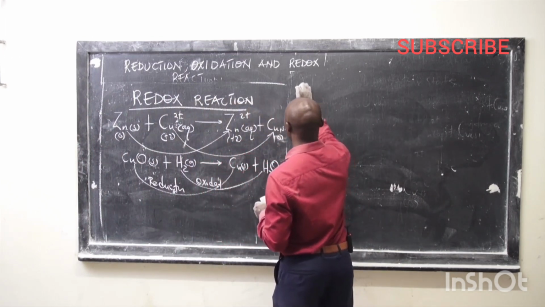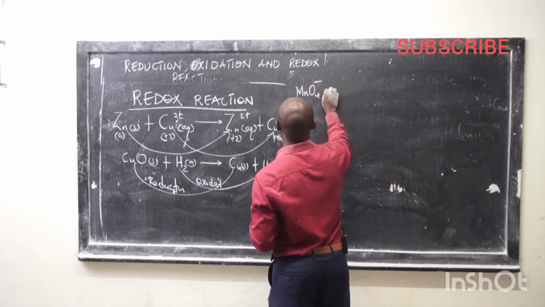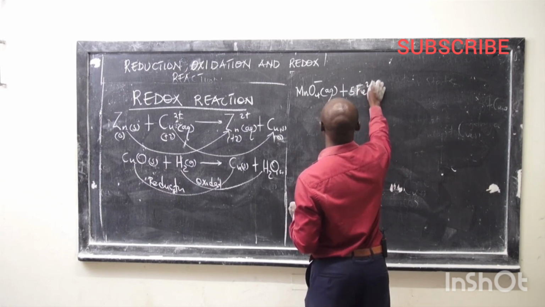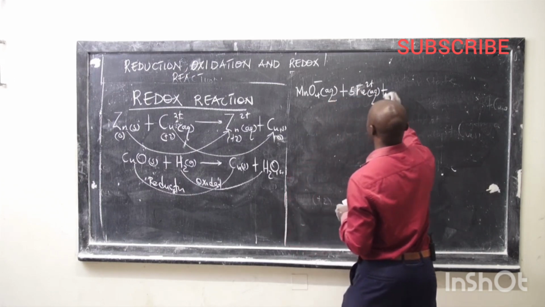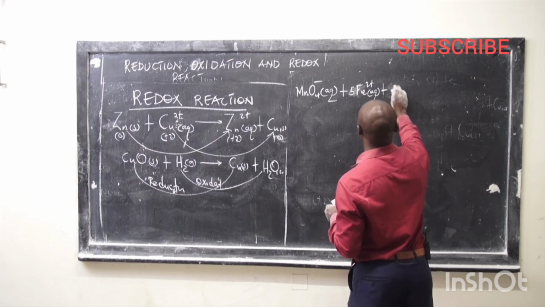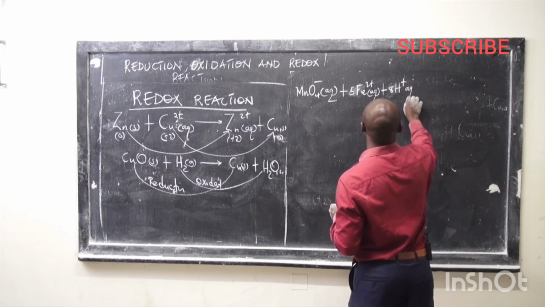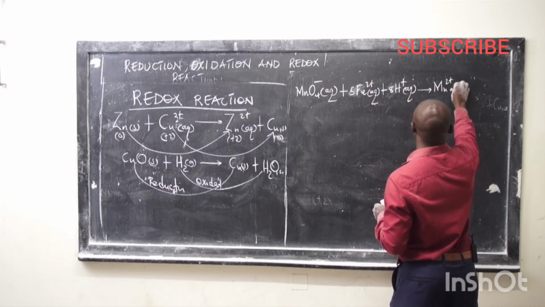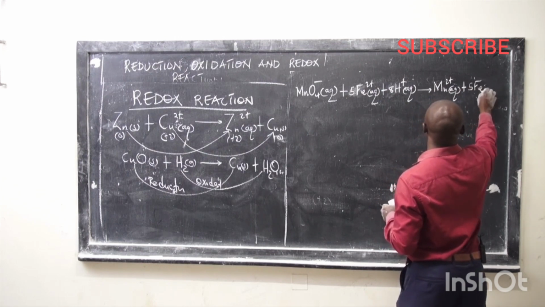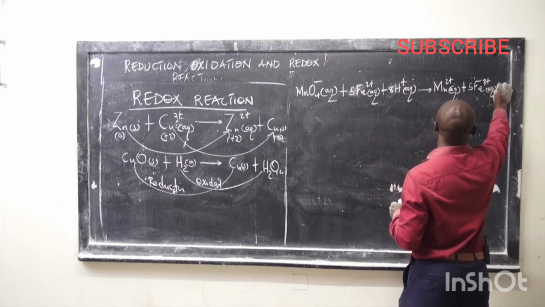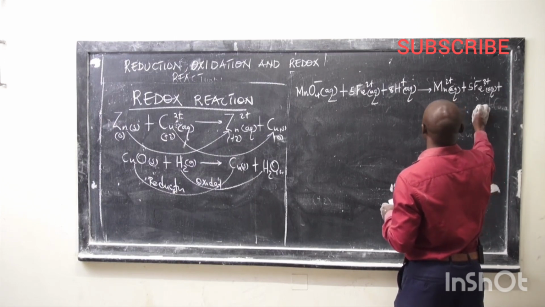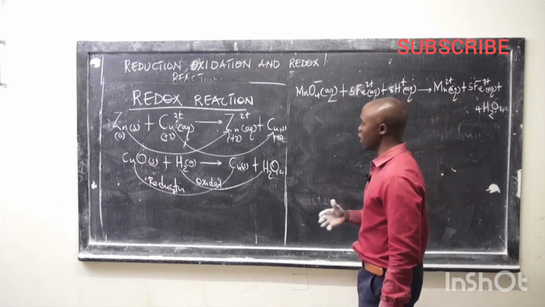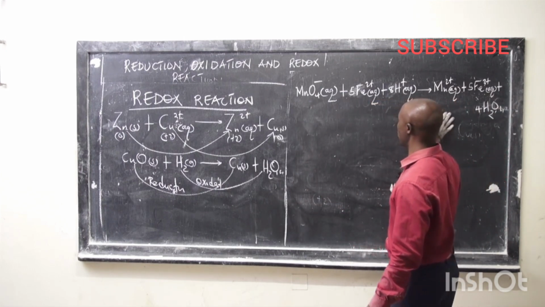Let me put here a longer reaction, manganate ions, I'm putting 2 key reactions for brainstorming, plus iron(II) ions, I'm balancing it as I write it, plus 8 hydrogen ions gives us manganese(II) ions, plus 5 iron(III) ions, then plus 4 water molecules.